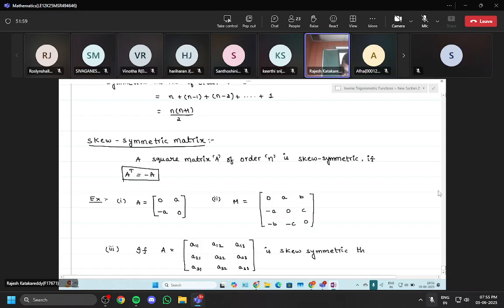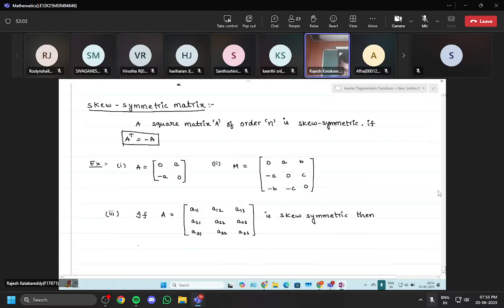Then if it is skew symmetric, we'll show that A11 is equal to A22 is equal to A33 is equal to 0. As a small proof we will do.